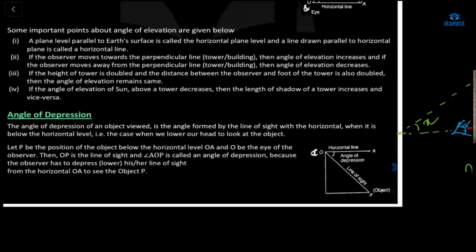Now, if the height of the tower is doubled, suppose the height of the tower was x, and it is said in the question that the new building is double the height of the earlier tower. If the tower height is doubled, and the distance between the observer and the foot of the tower is also doubled, then the angle of elevation remains the same. Understood what this point is saying?